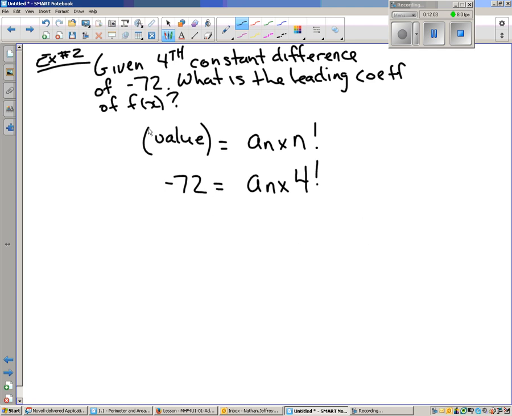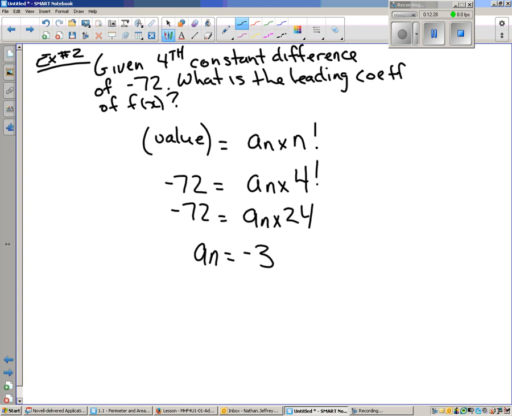What is 4 factorial? 24. And we can get our leading coefficient by itself by dividing by 24. What is our leading coefficient? -3.